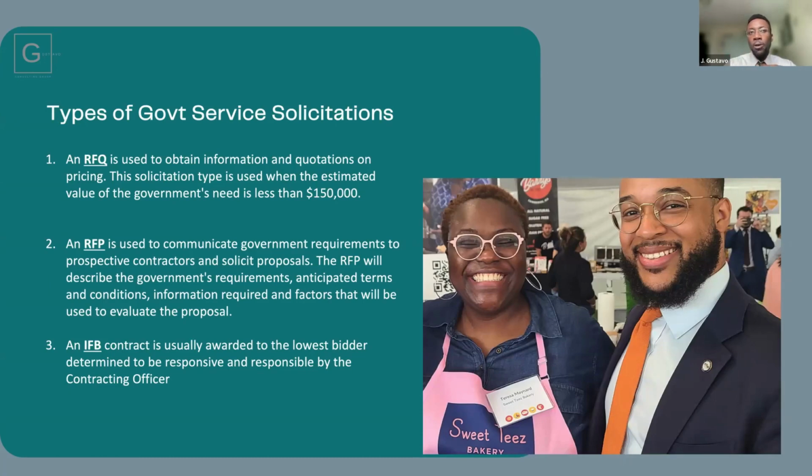The amount of work required to complete your IFB, your invitation for bid, is not on the same level as with an RFP, which is often used to communicate government requirements to prospective contractors and solicit proposals. The RFP will describe the government's requirements, anticipated terms and conditions, information required, and factors they will use to evaluate your proposal.